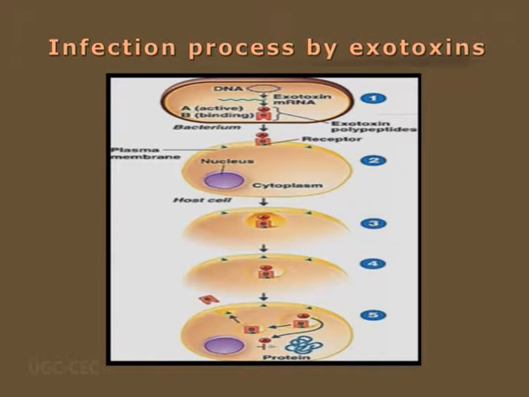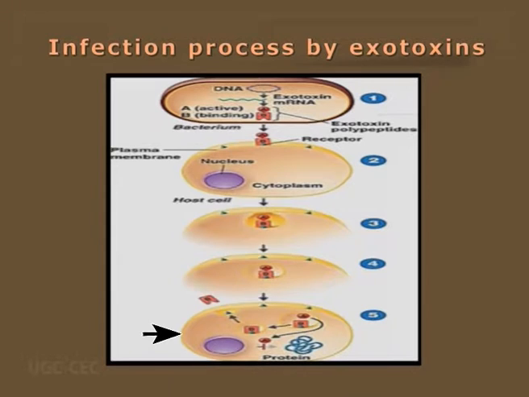Once this receptor-ligand complex reaches the endosomes, which are membrane-bound organelles within the cell, there is an influx of H+ ions leading to a change in pH of the endosomes. In this acidic pH, the receptor and ligand get separated, and the toxin comes out into the cytosol, and it can modulate the different activities of the cell, which varies from toxin to toxin.